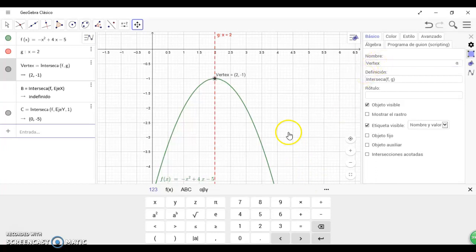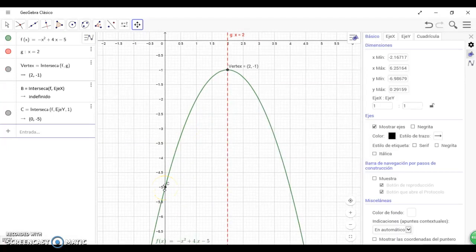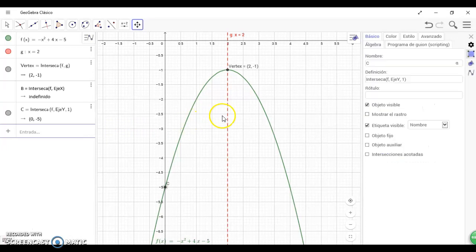So there is the name, and we need to do the same in the y vertex, in the y-intercept, sorry. We just need to put the name and value.